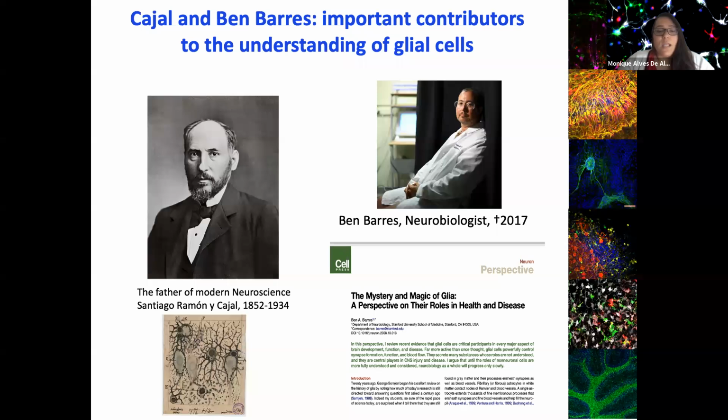He was a Spanish neuroscientist and pathologist who focused on the histology of the central nervous system. He and Camillo Golgi received the Nobel Prize in Physiology and Medicine in recognition of their work on the structure of the nervous system. To this date, Cajal is recognized as the father of modern neuroscience.